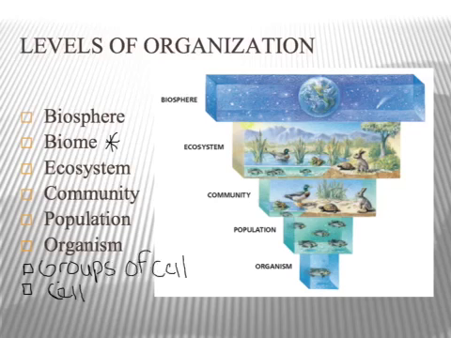For the purpose of this class and this chapter, we're not really going to focus on groups of cells or cells. We're really going to be looking at these bigger levels, especially when we start talking about the different ecological methods that we're going to use to get the data. We'll go into more information about what a biome is. Basically, it's similar ecosystems. The following slides will go over each of these in a little bit more detail.